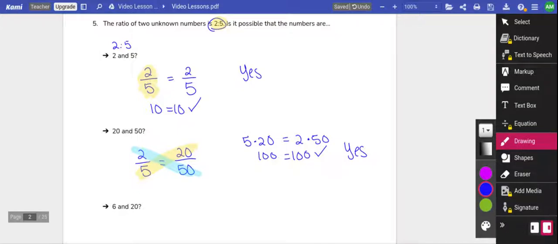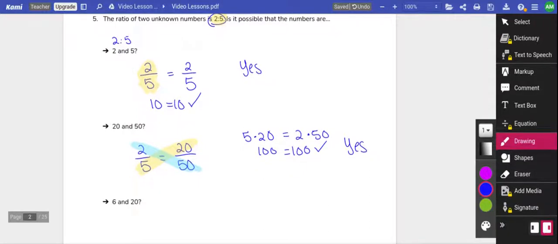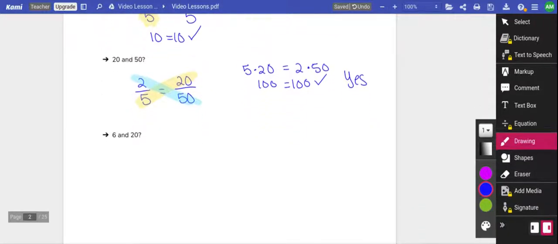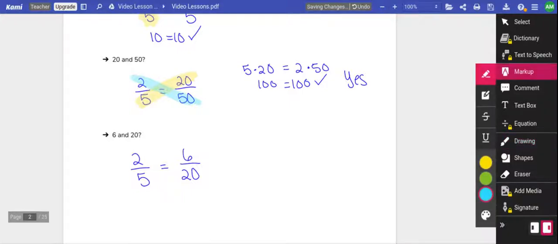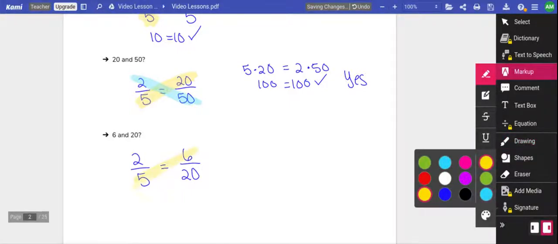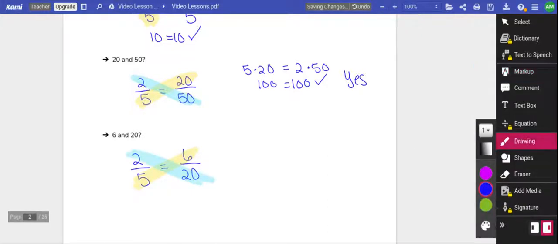The next one says, could they be 6 and 20? So let's see. Is the ratio 2 to 5 the same as 6 to 20? Here are my means and here are my extremes.